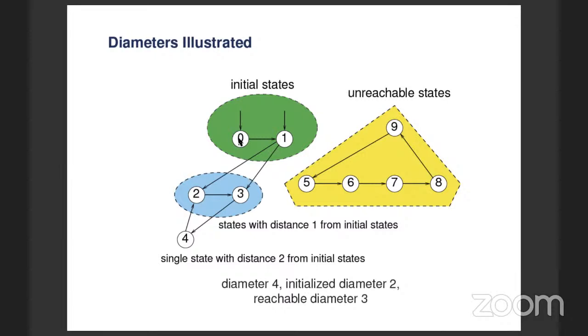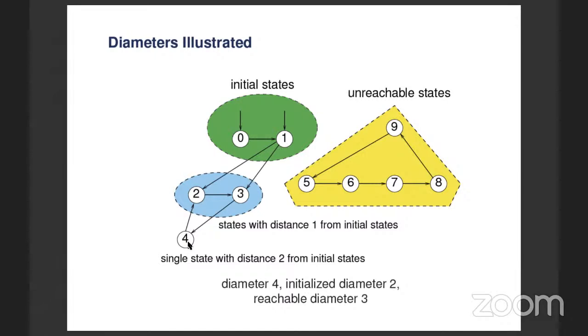So when BMC 0, you will have 0 and 1. BMC 1, you would have accumulated all the paths from 0, 1 to 2, 3. And in the next step, you would have got all the paths from 0 that reach 4.